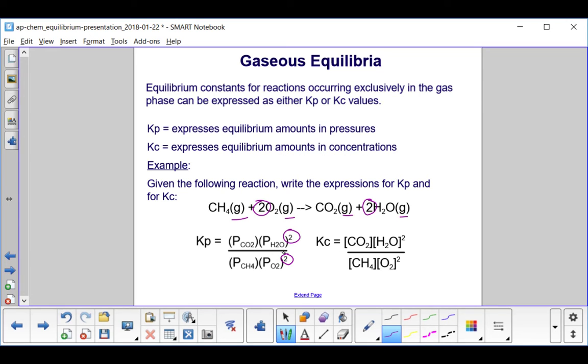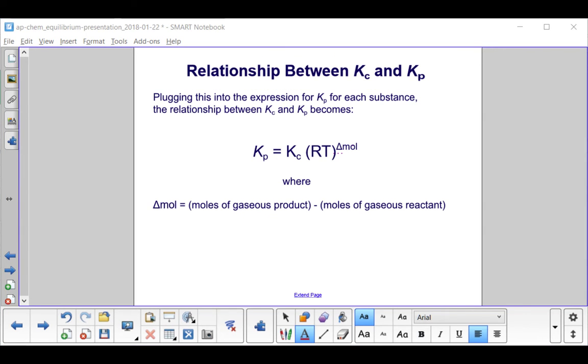And then we can also write Kc as a ratio of the concentrations of the products to the concentrations of the reactants. So it looks very similar, but in one we're talking about pressures, and in the other we're talking about concentrations or molarity. So what is the relationship between Kc and Kp for a gaseous equilibrium?